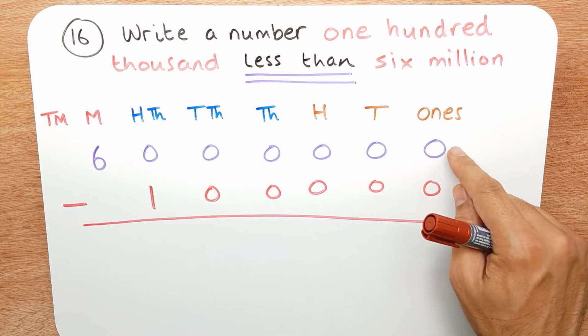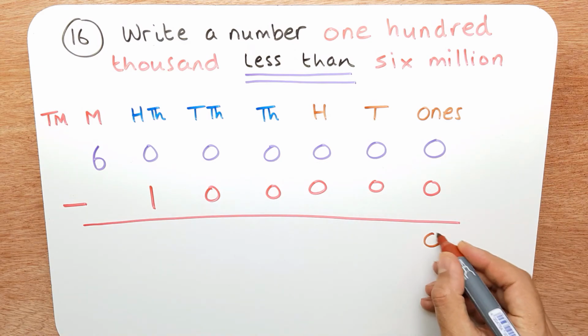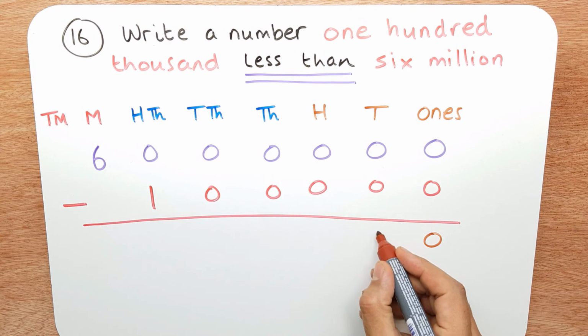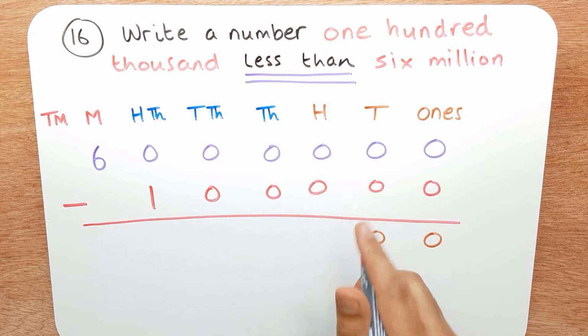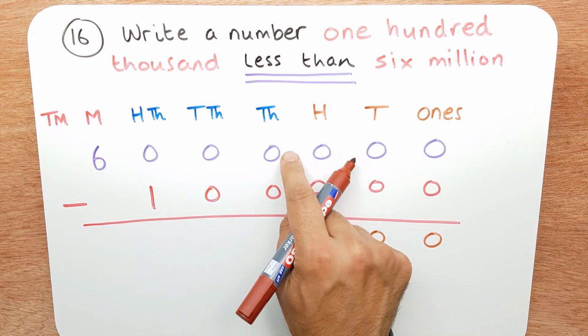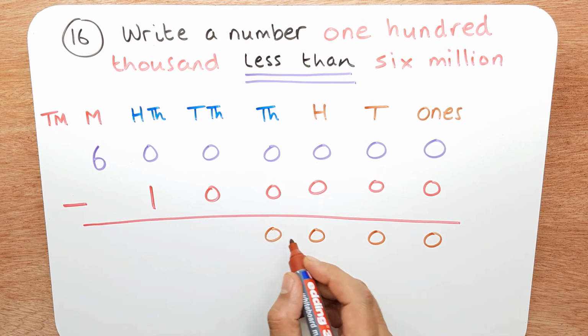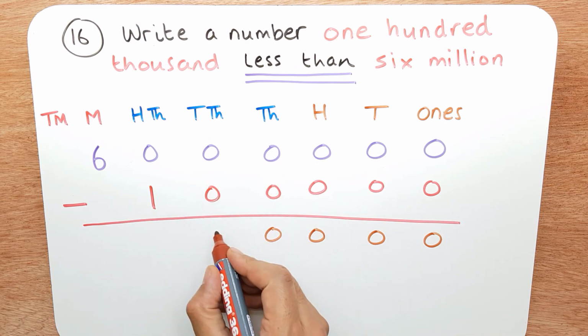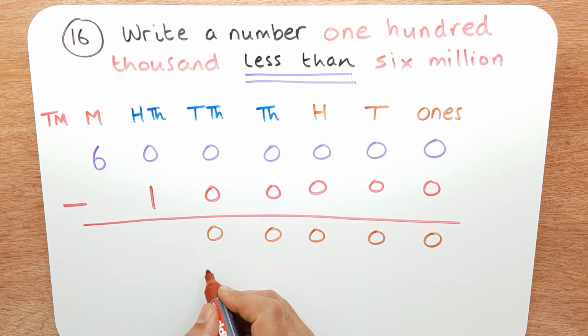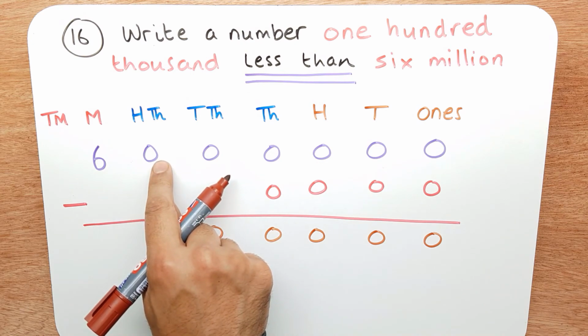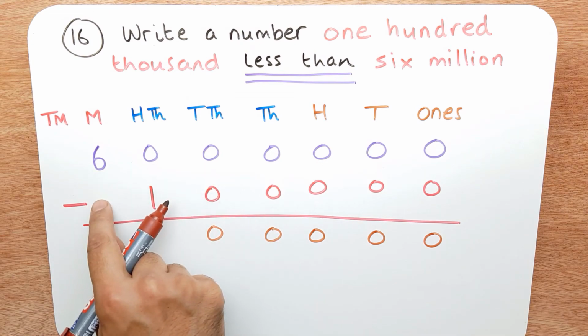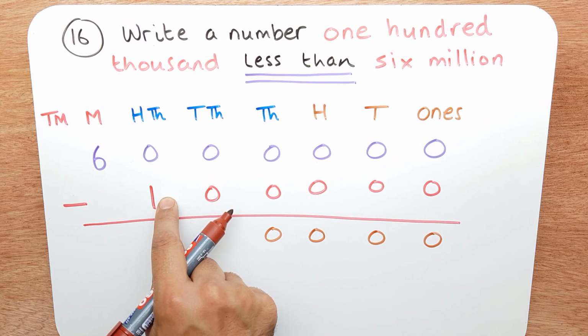So let's start this end. 0 take away 0. 0 take away 0. 0 take away 0. 0 take away 0. 0 take away 0. Okay. Now what we do is we do 0 take away 1. We can't do that. We've not got enough.